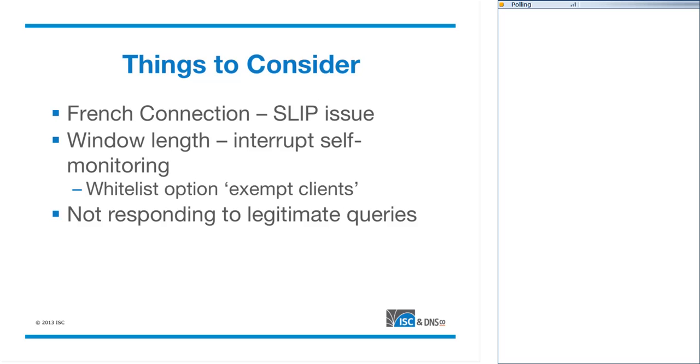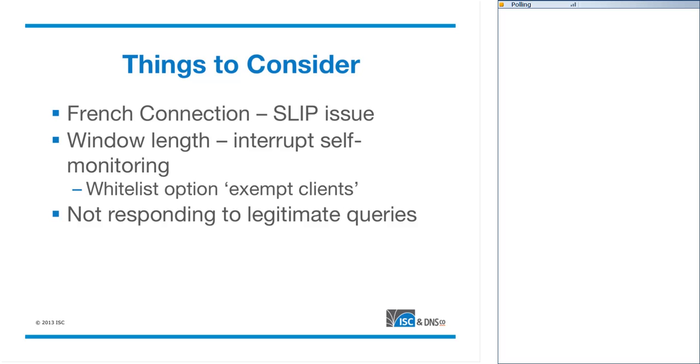Okay. So yes, they did present a paper at the DNS OARC meeting in Phoenix back in October. You can look at the DNS OARC website to see their findings.